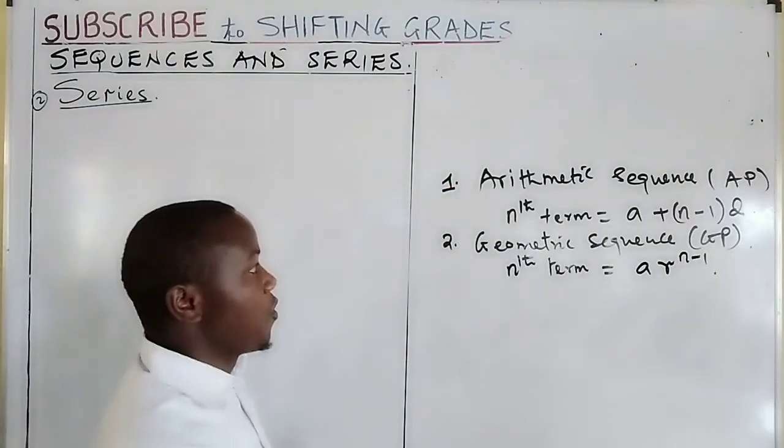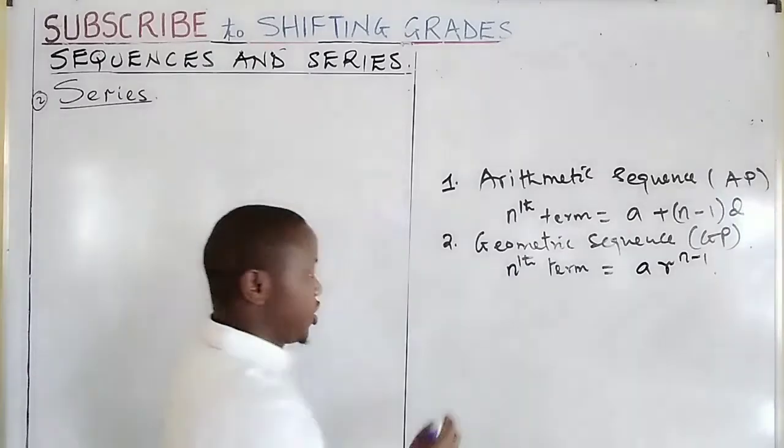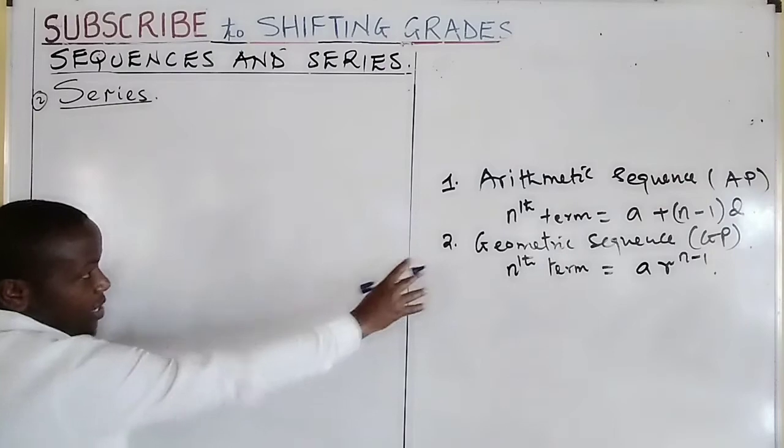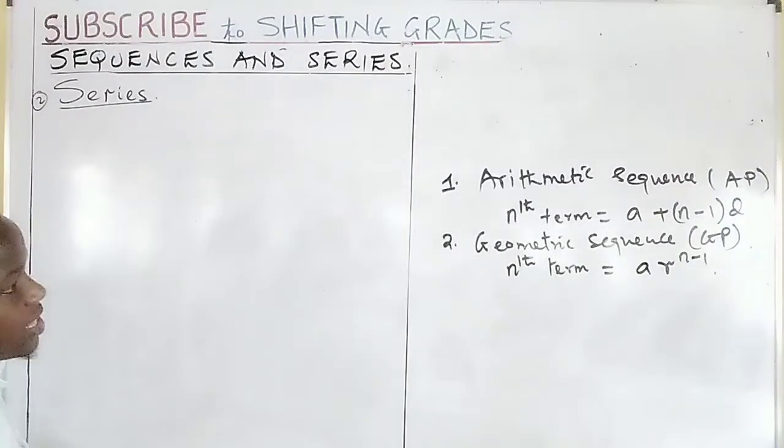So that's what we said in the former lesson. In this case, we will be checking what series are. That's why I've written number 2, because we did away with the sequences.